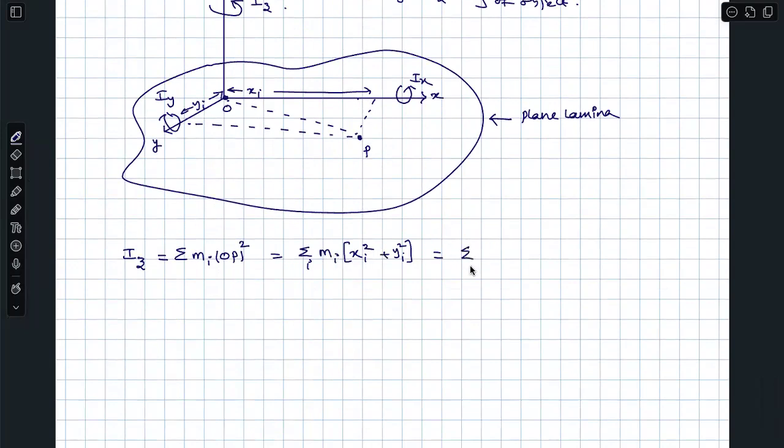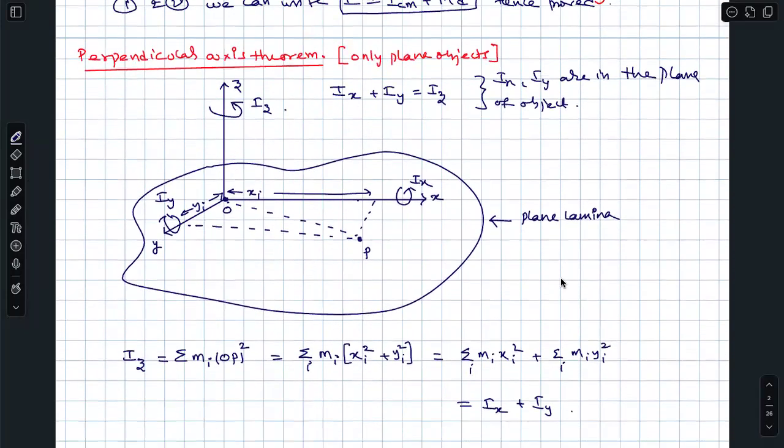This can further be written as mi xi square plus mi yi square. What is this in fact? Ix plus Iy. Hence proved. Simple proof. Okay. See, remember, I will apply these things wherever in appropriate situations. I'll simply apply this wherever the situations are.